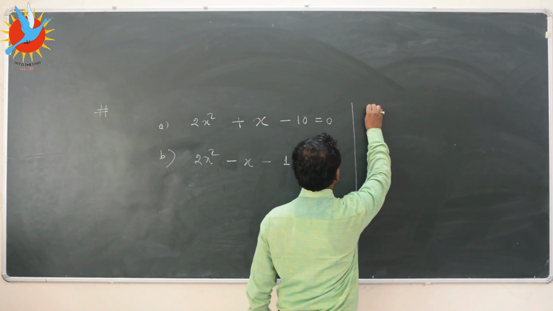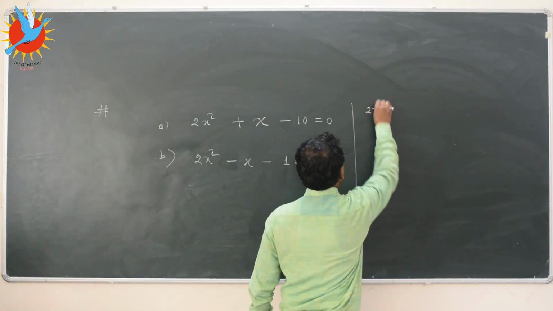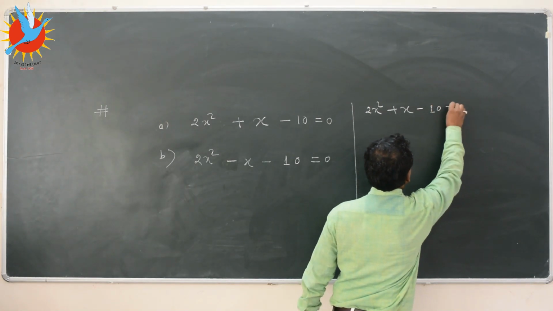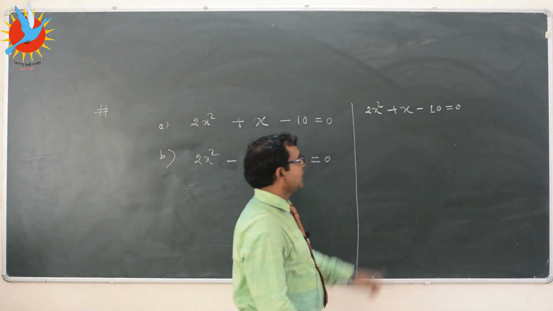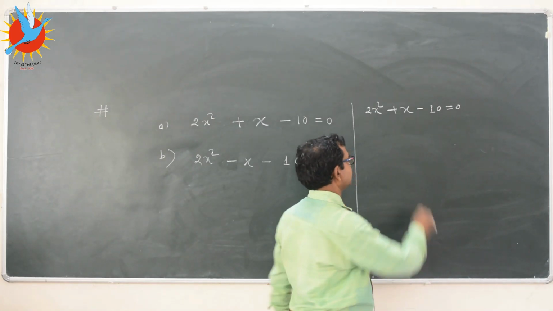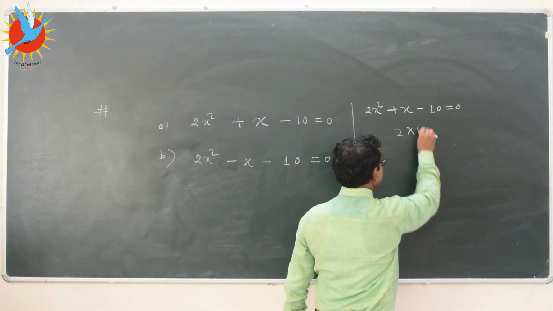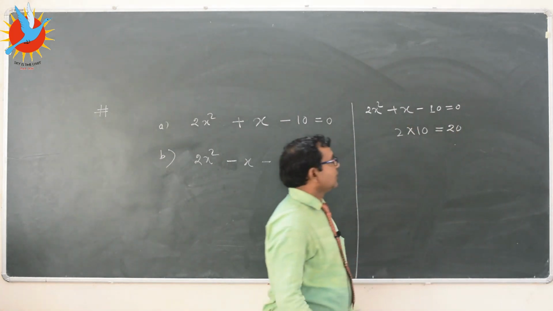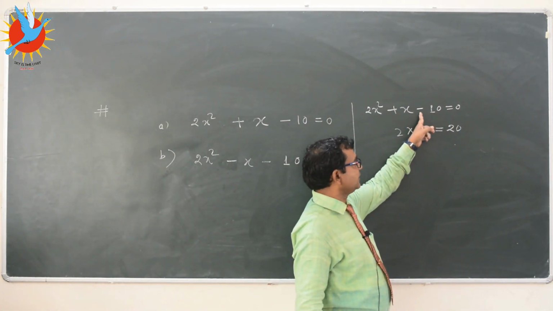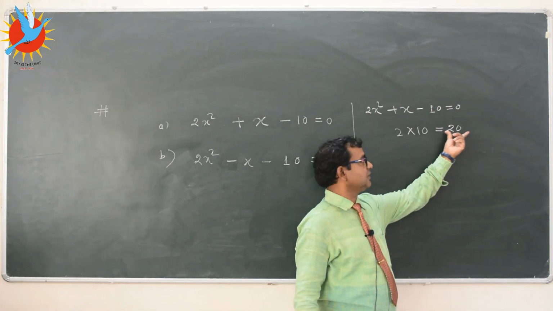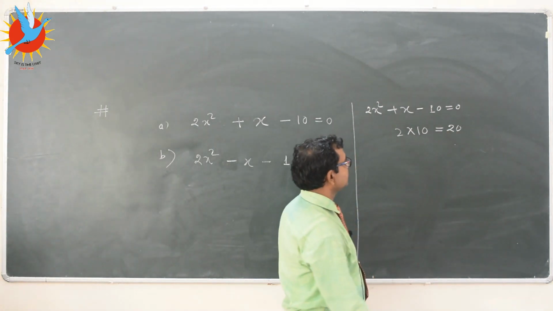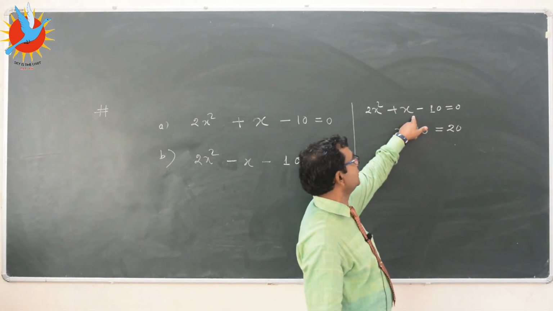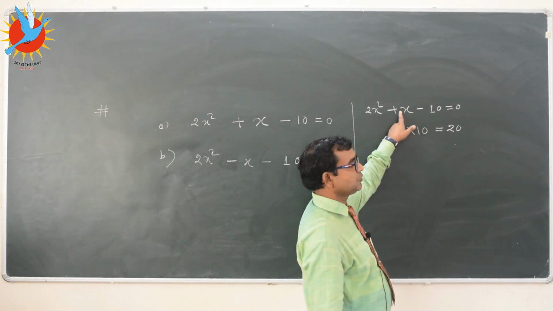Part A, let 2x square plus x minus 10 equal to 0. To solve this, we have to multiply 2 and 10 first. 2 multiplied by 10 is equal to 20. Now the constant sign is minus, therefore we have to factorize this 20 in such a way that the difference of both factors of 20 should be equal to the coefficient of x, that is equal to 1.